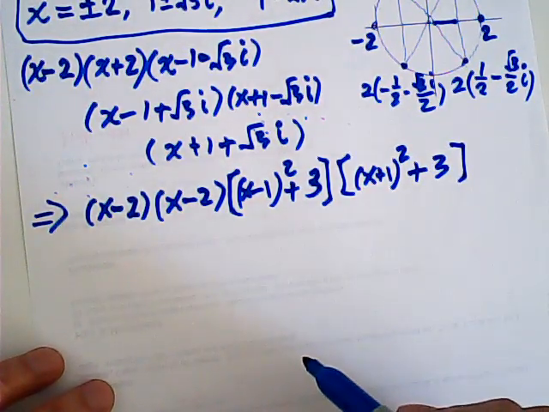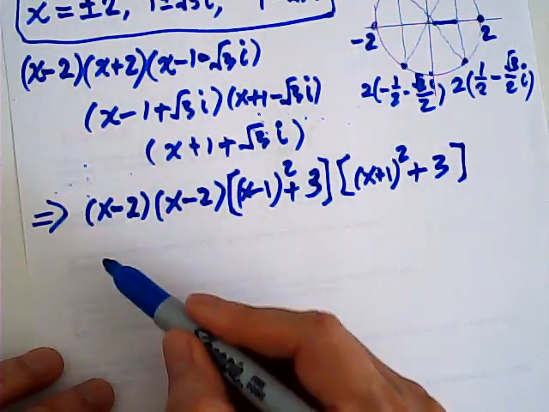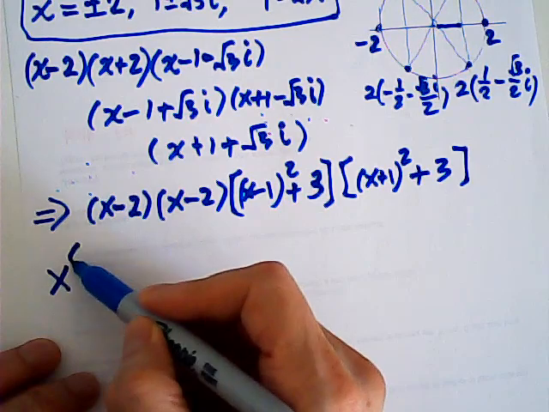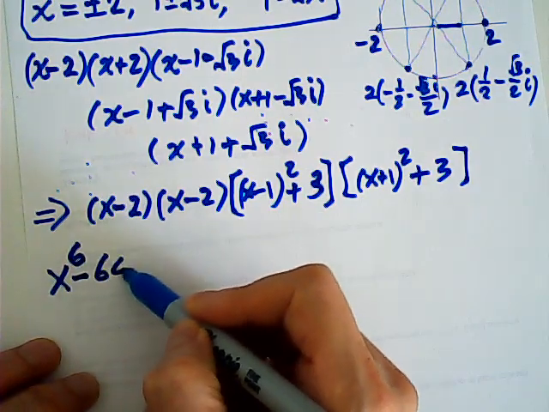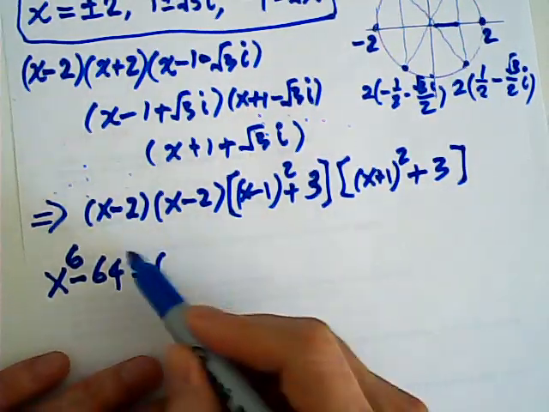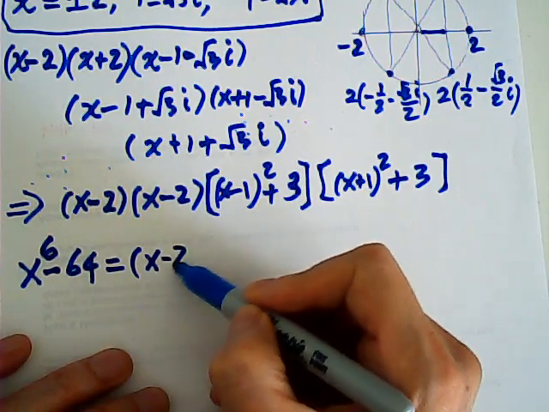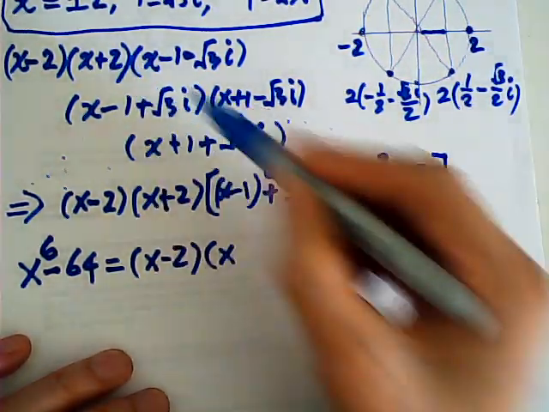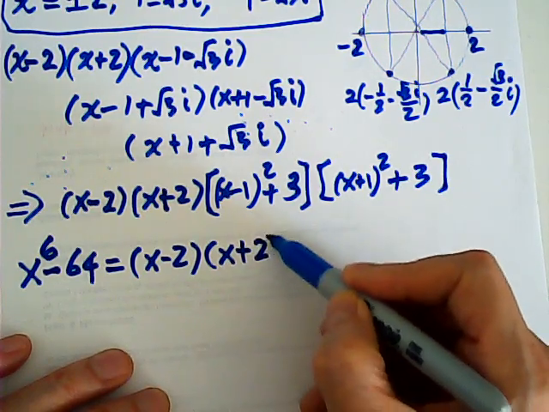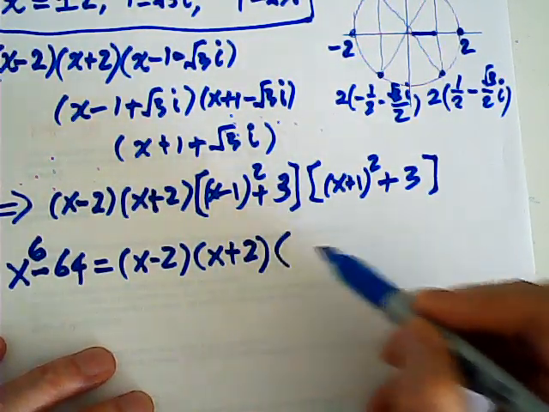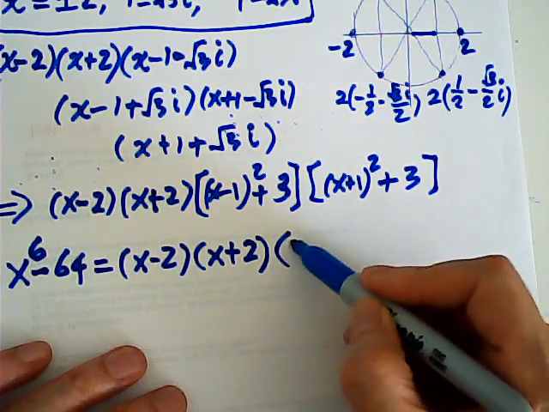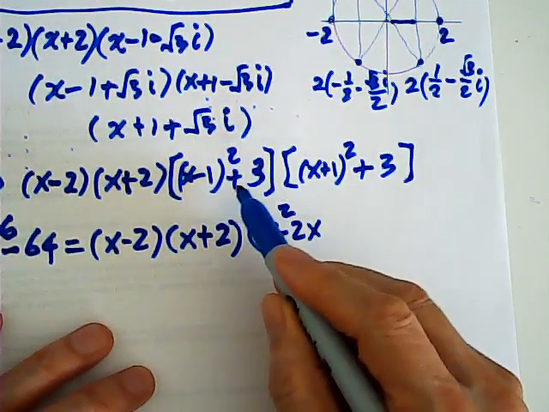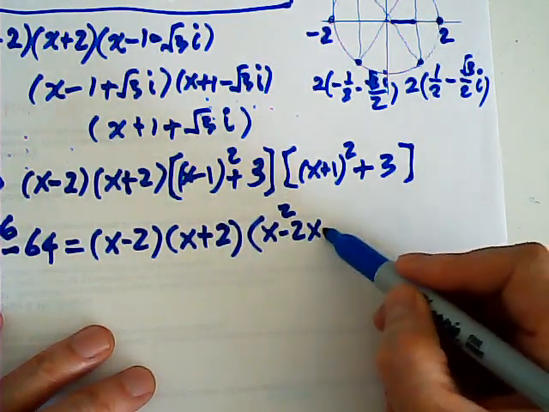Okay, so we have the factors now. x^6 minus 64 becomes (x minus 2)(x plus 2). This becomes x squared minus 2x plus 1 plus 3, which is plus 4, right?